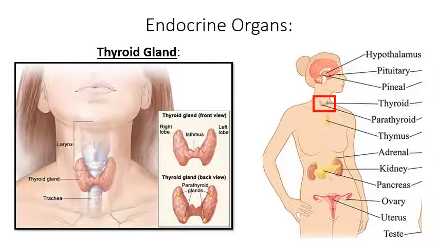Moving on to the thyroid gland, it's located right here underneath the larynx, pressed up against the thyroid cartilage. Notice that the thyroid has two distinct lobes, a left and a right lobe. And the piece in the middle that's holding them together is called an isthmus. The th is silent. It's called an isthmus.